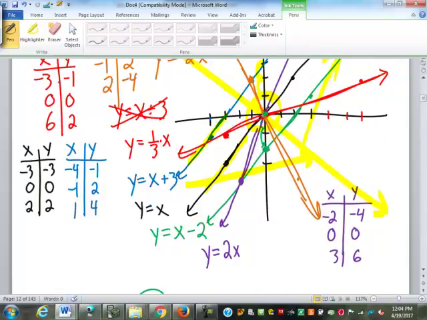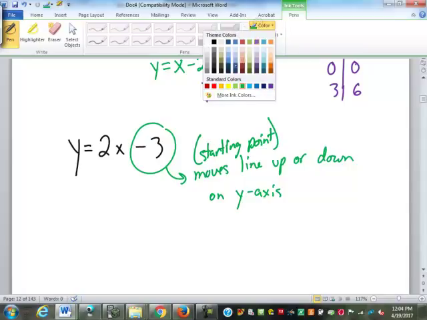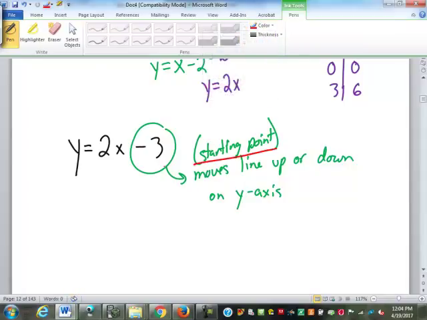But we can count, the origin is at 0 here. We can count down or up on that y-axis to figure out where we're going to start the line. So that really changes the starting point of the line. The official name for that is called the y-intercept. It's where it intercepts or intersects the y-axis.